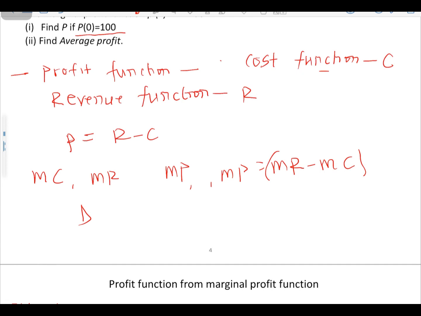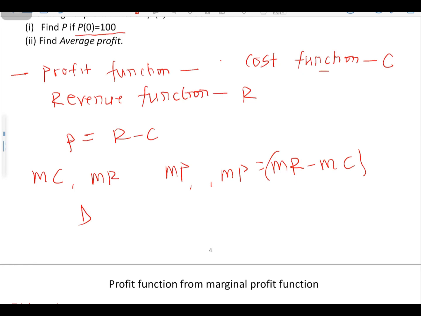When you are given the demand function, they can also give you the marginal cost, or they can also give you the cost. It depends on what they are looking for, and then ask you to find the marginal profit.